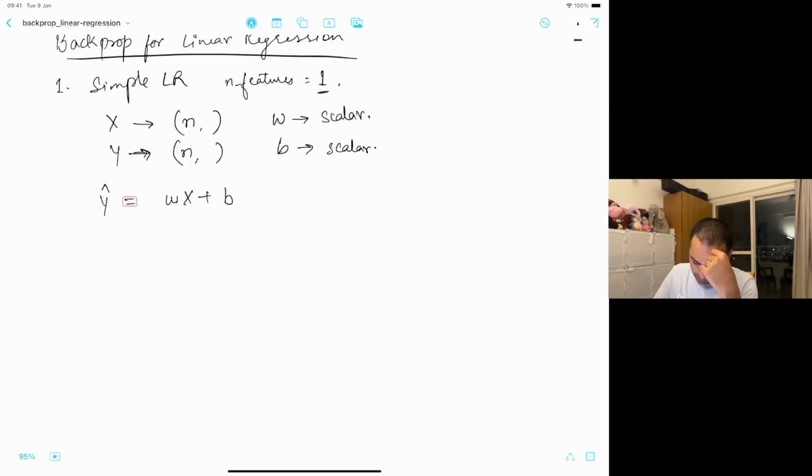So here wx will give you, sorry, pardon me, w is a scalar, and x is a vector of length n. Let me note down that n is the number of samples here.